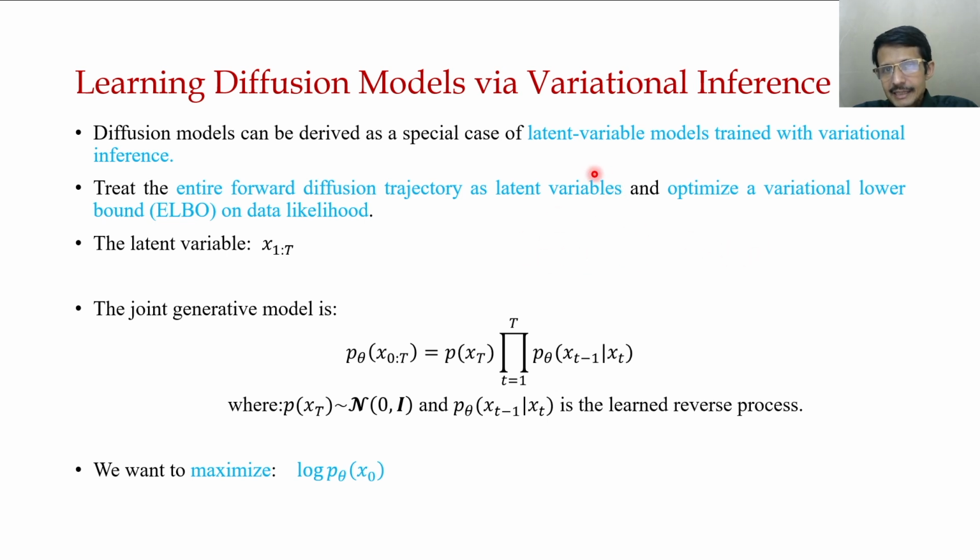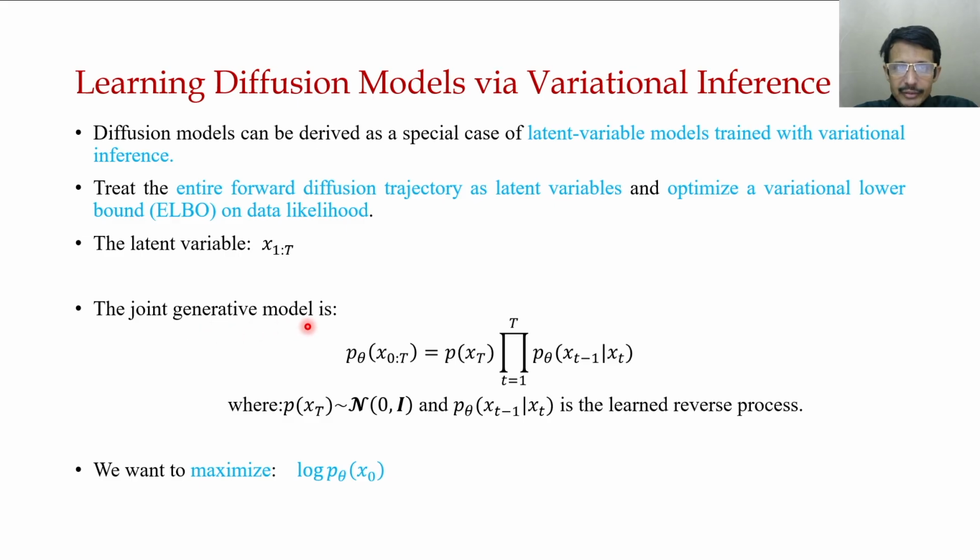What we are trying to do is, from some latent space, create the corresponding true images, or reconstruct and generate samples which are very close to the real samples. So from that concept we optimize the variational lower bound, the ELBO, on the data likelihood at every step. The latent variables are x 1 to T.